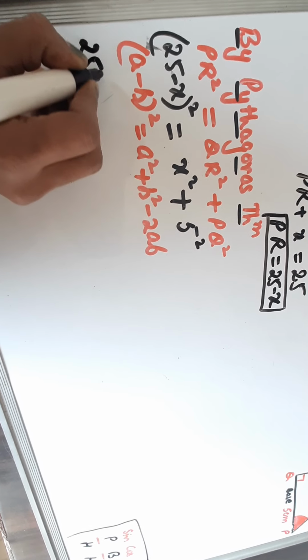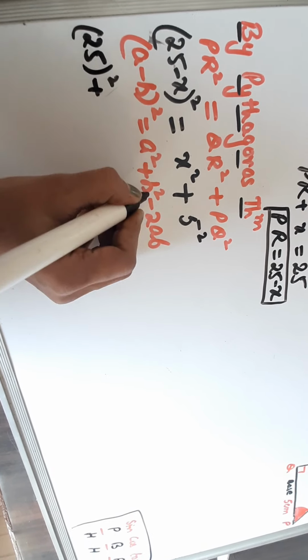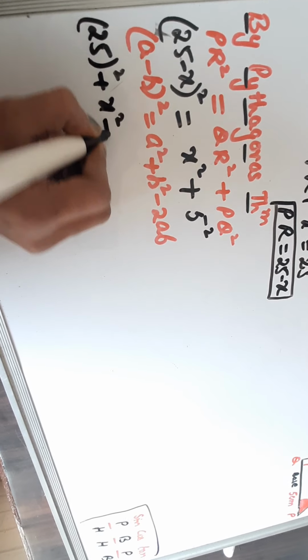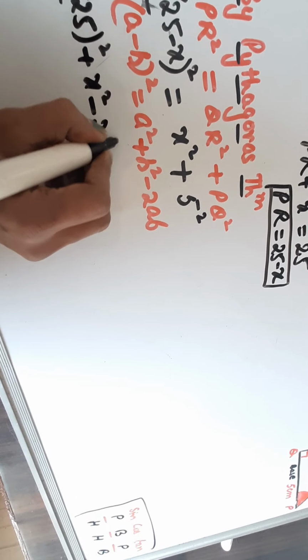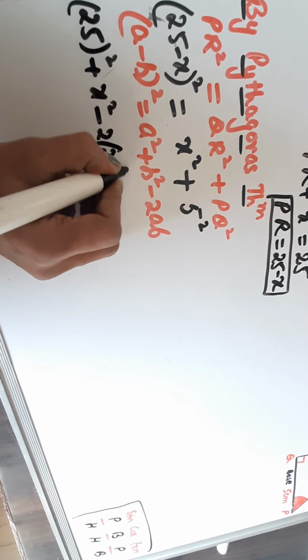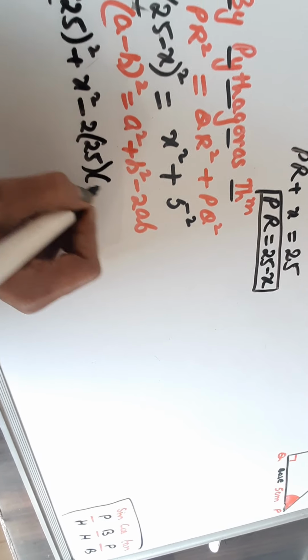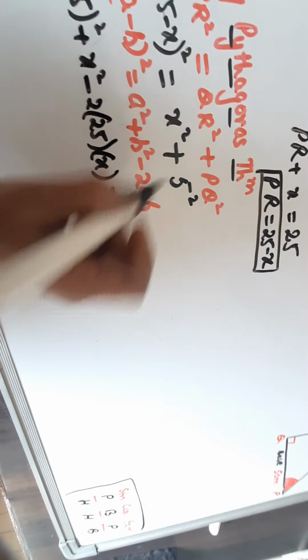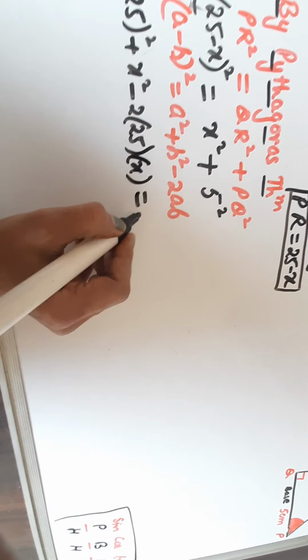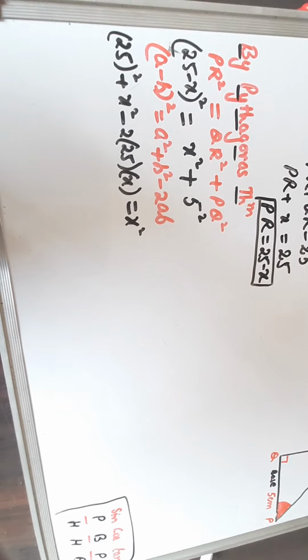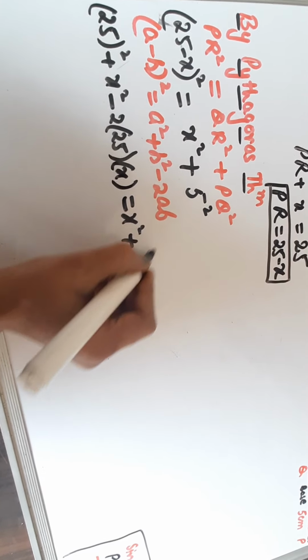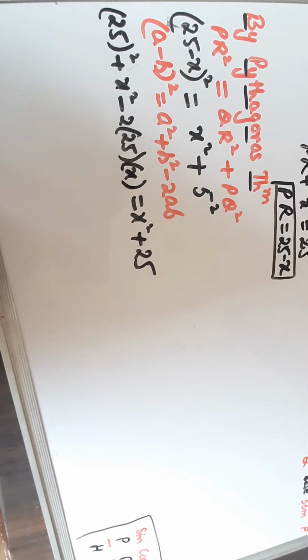So a square means 25 square plus b square means x square minus 2 multiplied by a, that is 25, into b, that is x, is equal to the right hand side, that is x square plus 5 square is 25.